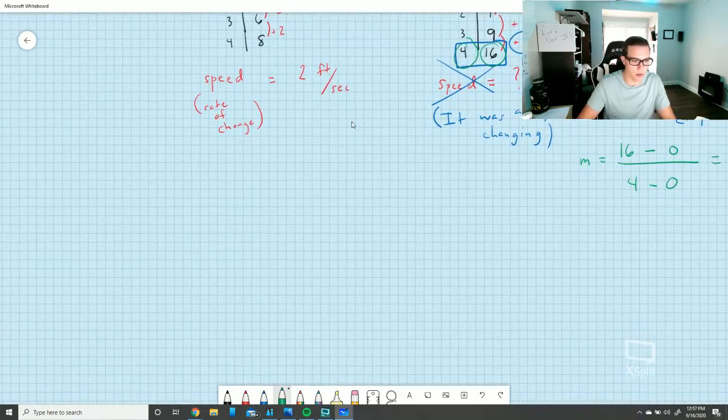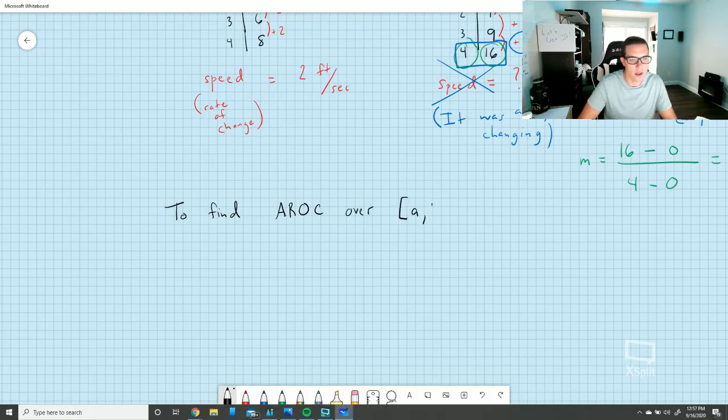that you're going to be using pretty much on the homework a lot. It's to find the average rate of change. And I'm not going to keep saying average rate of change. I use something called AROC, which is average rate of change. To find the AROC over the interval a to b of a function f of x, here's your formula.